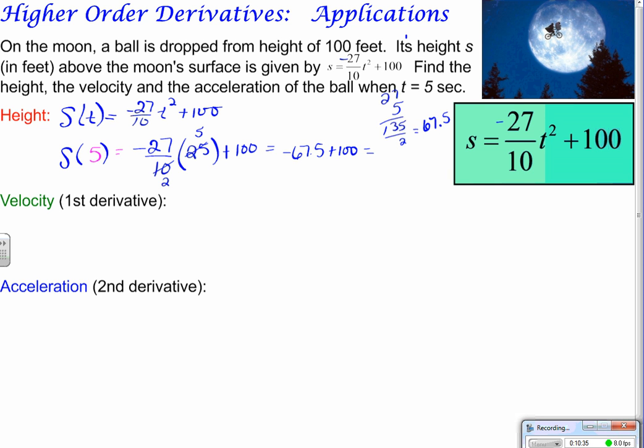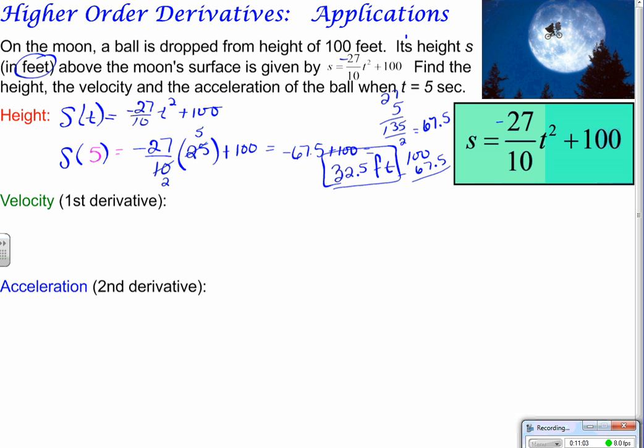Turns out to be 32.5. And that answer looks like it's going to be given in feet.